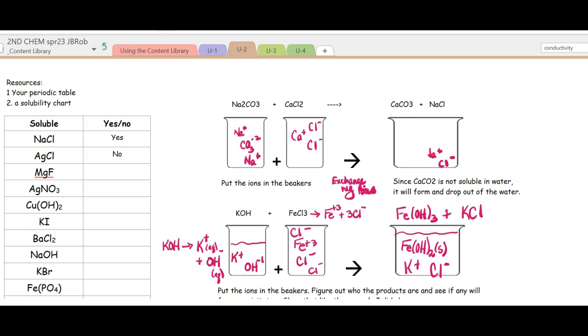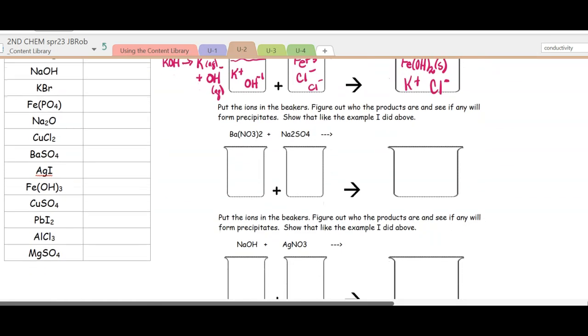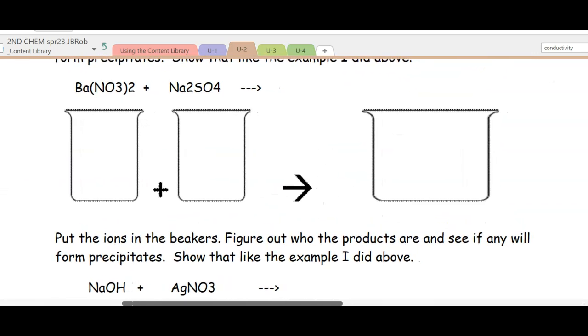All right, now could you do that on your own? So now we're applying what we have learned in the previous lessons. So put who would be in the beaker, remembering that barium is bonded with a polyatomic ion. And so the barium ions would be in solution, and then the whole polyatomic ion would be in solution.